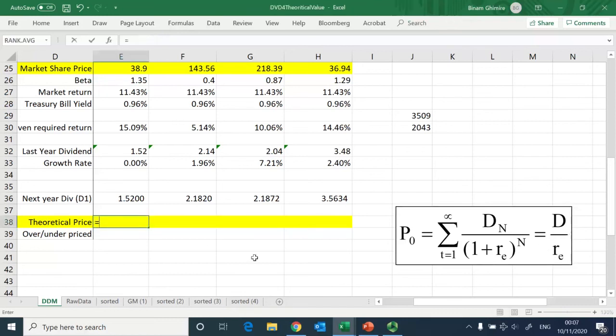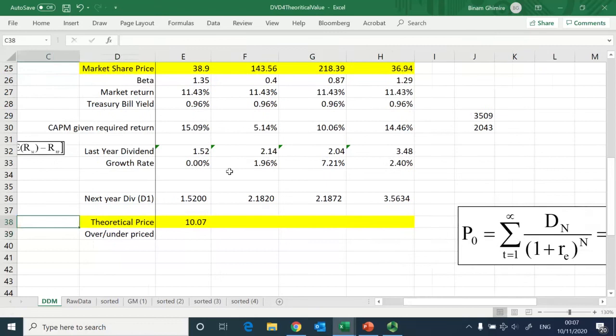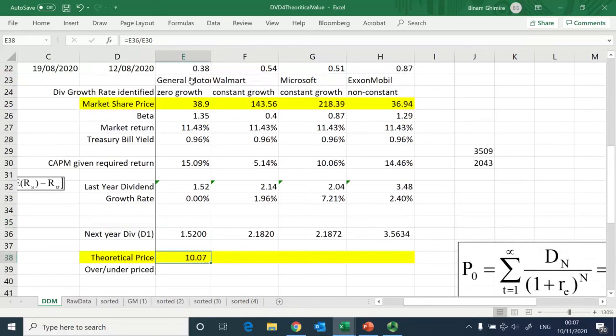So very quickly now, this is the dividend for the next period divided by the CAPM given return, which is this number here, which gives us the $10.07 as the theoretical price of General Motors share.